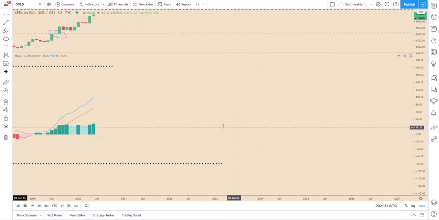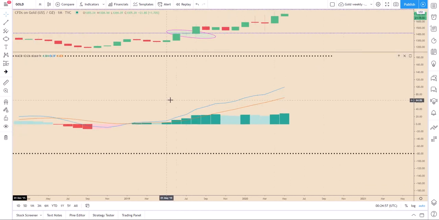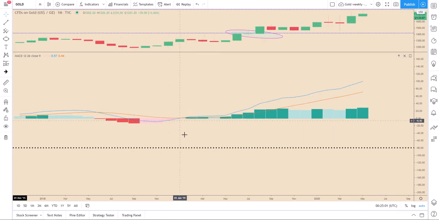And then as the second level of information we get out of MACD, we get a MACD crossover. And so that's what occurred back here in February of 19 on the monthly. Remember, we're on a monthly time frame. We got a MACD crossover.